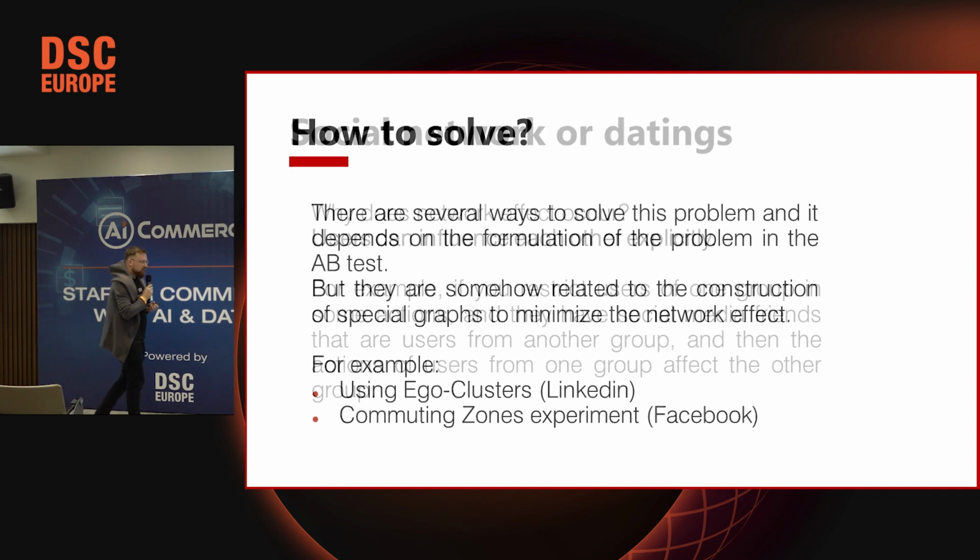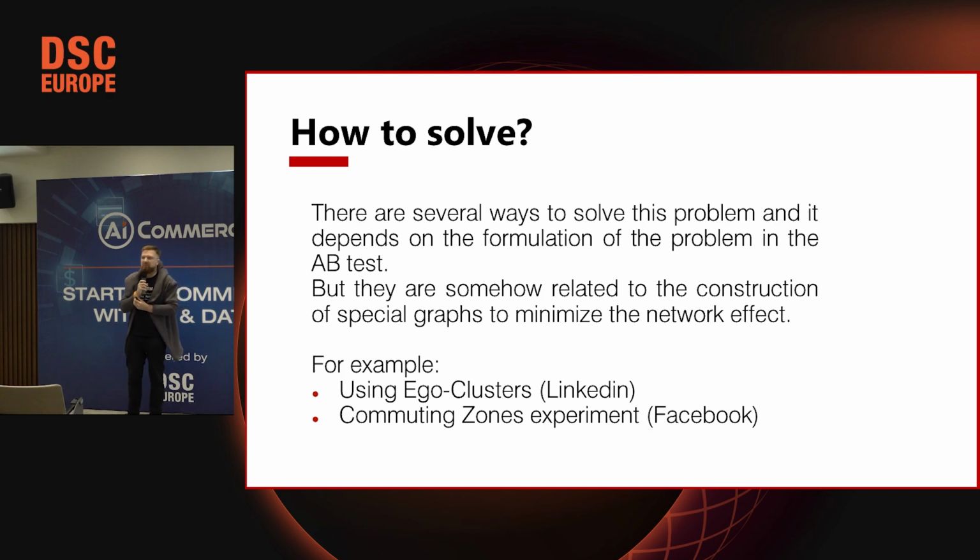And this problem is only partly solved, and it's very important to understand the real experiment to try to solve it. I don't have a lot of time to deep dive on this problem.